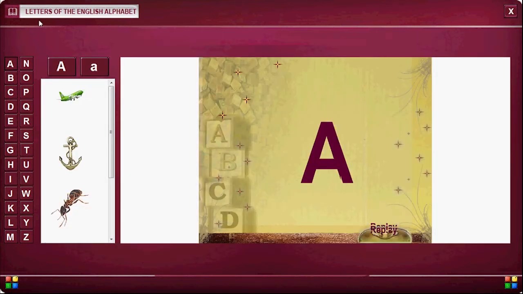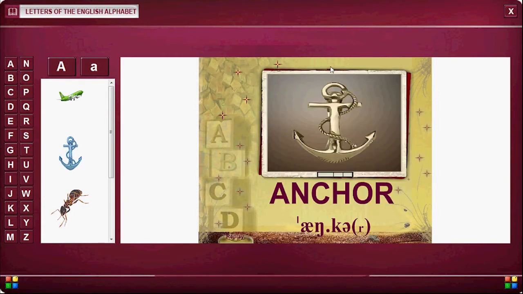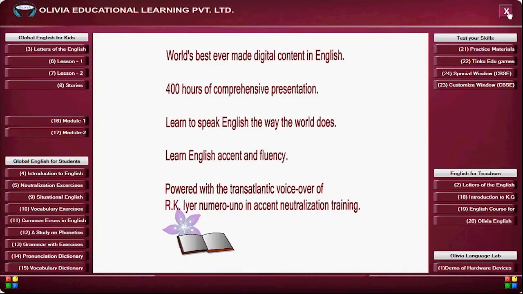This is A. This letter is pronounced as A. This word has the primary stress on the first syllable, as in anchor. Not much explanation. The teachers are to give the explanations to them or correct the students after getting the explanations from it. That is how it has to be delivered.